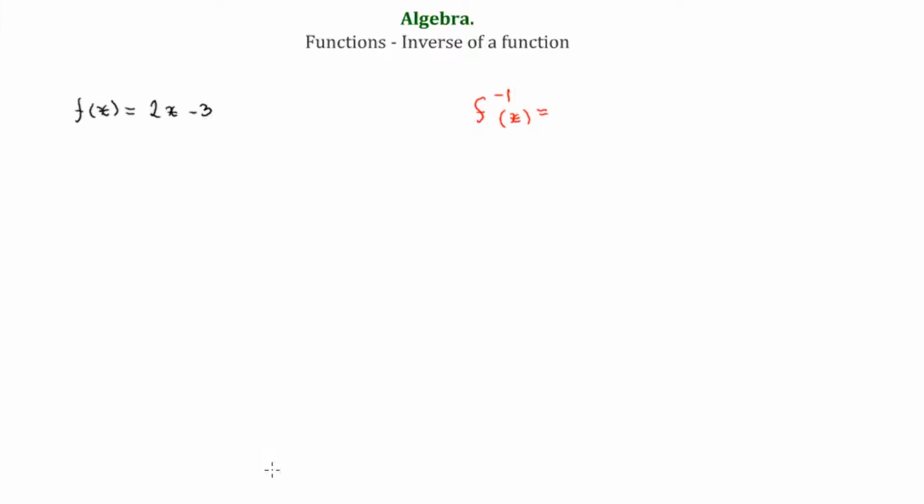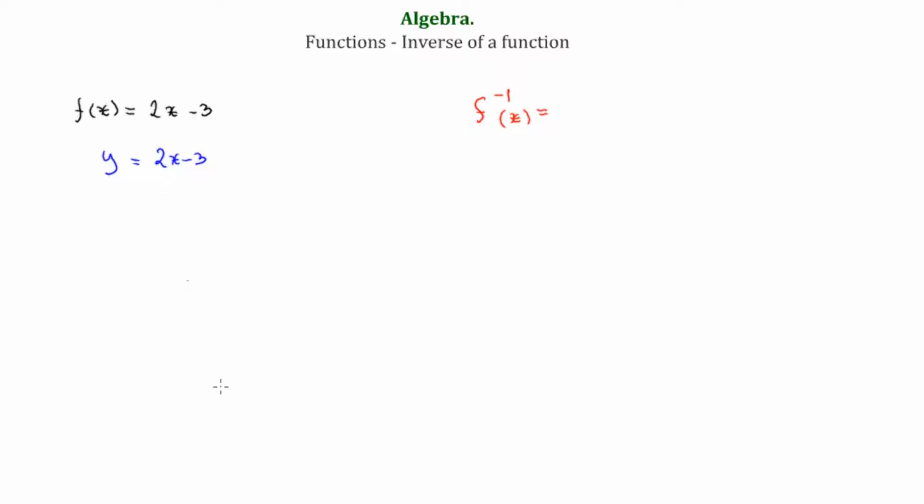For this we need to go back to maybe year 9, where we had a different way of writing these expressions. We wrote them as y is equal to 2x minus 3, and we called them straight line graphs. So we have assigned f of x the name y.